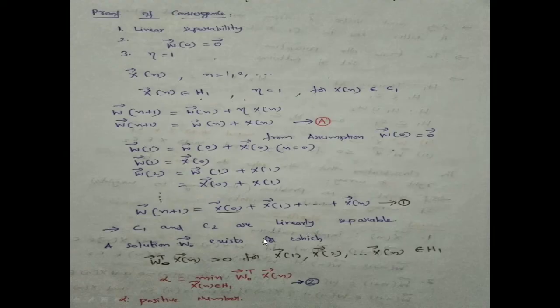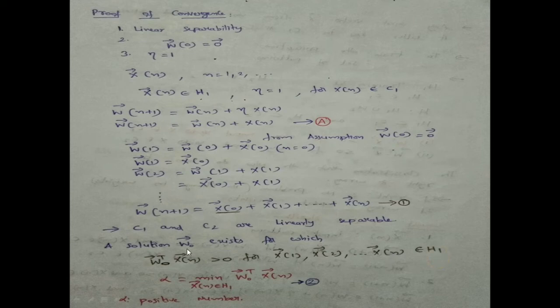we find our solution. Because we can find a solution, a solution W0 exists for which W0 transpose x of n is greater than 0 for x of 1, x of 2, and so on up to x of n belonging to H1.